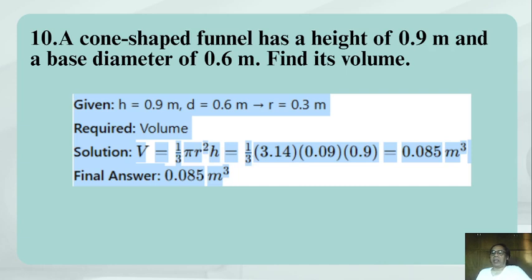So required: the volume. Our solution, the formula to use is V equals 1/3 pi r squared times the height for the cone. And substituting the given data, our final answer is 0.085 cubic meters.